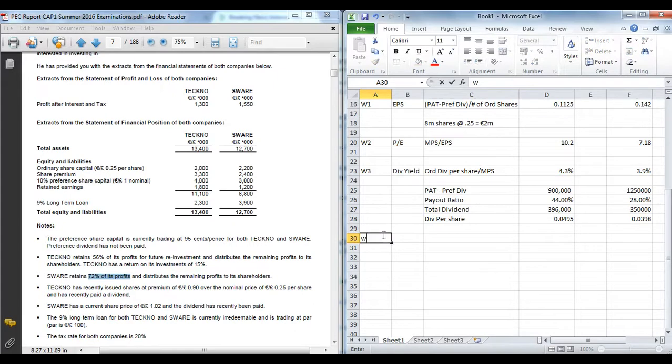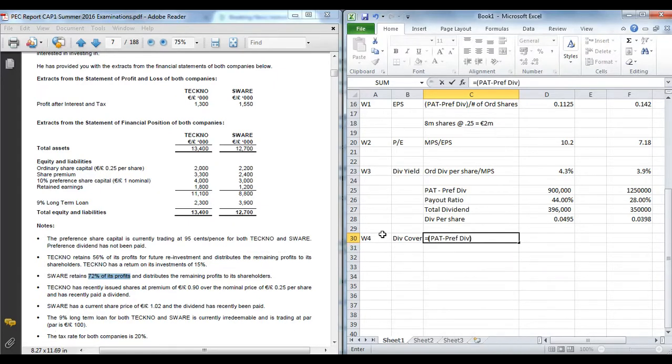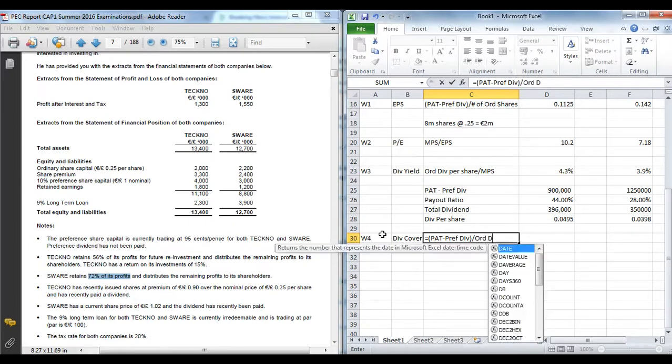The final one then, working 4, you're asked for dividend cover. Dividend cover is a measure of how sustainable the dividend payment is each year. So how much profits are there to cover the dividend payment. So in that figure it is profit after tax minus pref div over ordinary div.